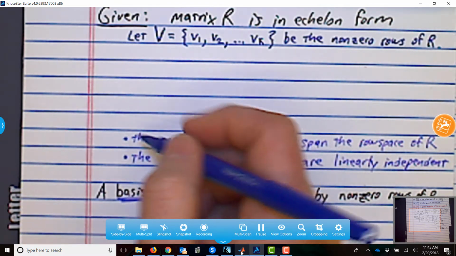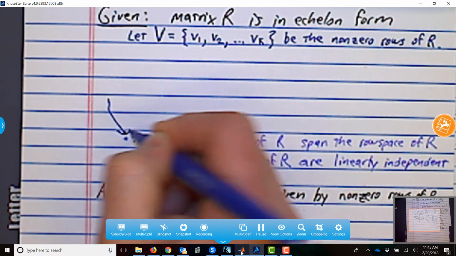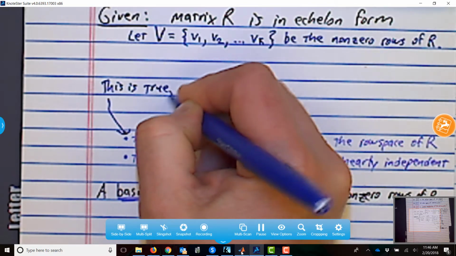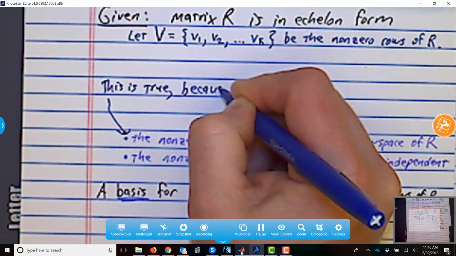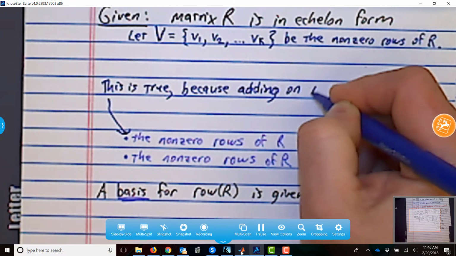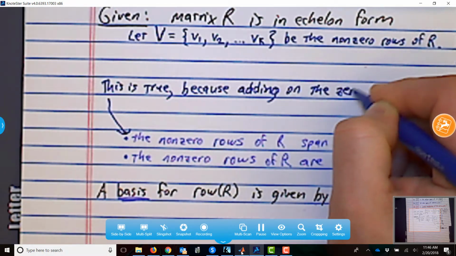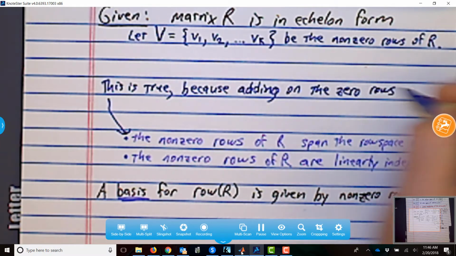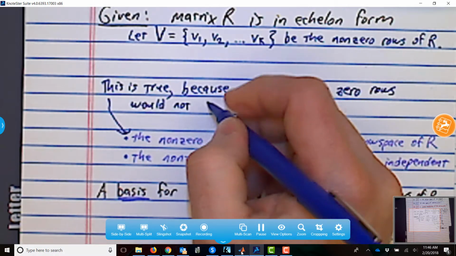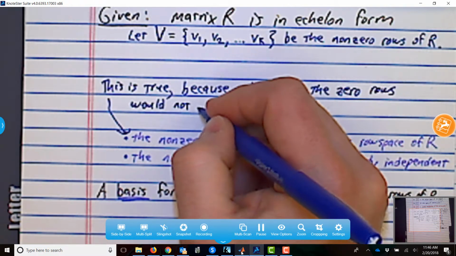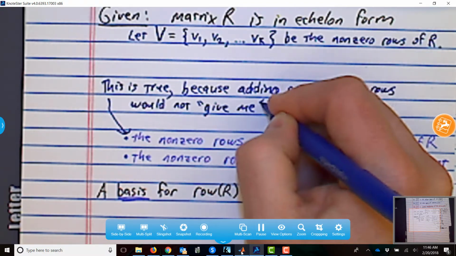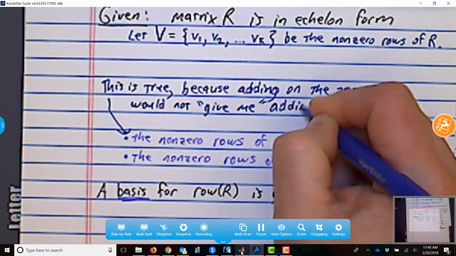Well, I claim that this is true because adding on the 0 rows would not give me additional vectors.